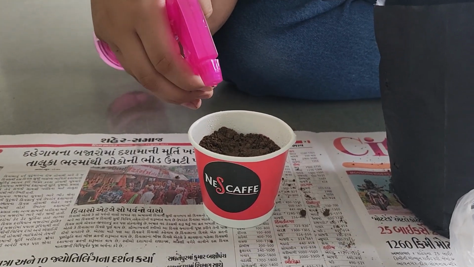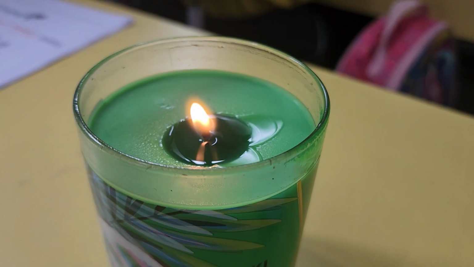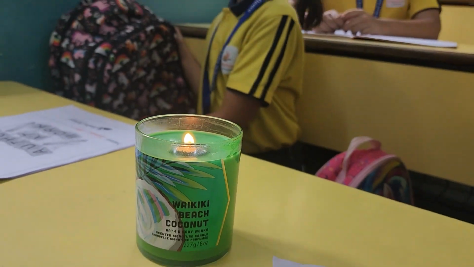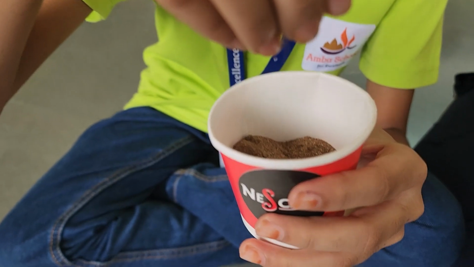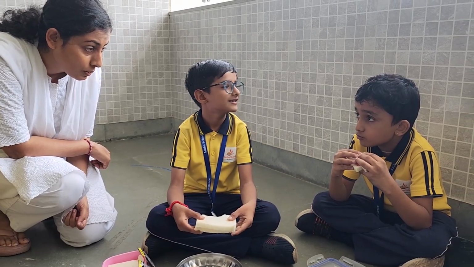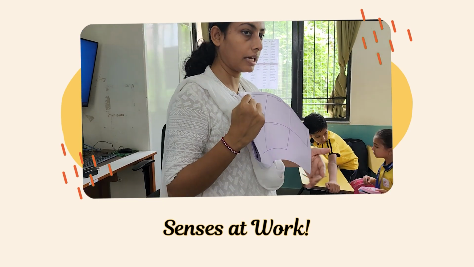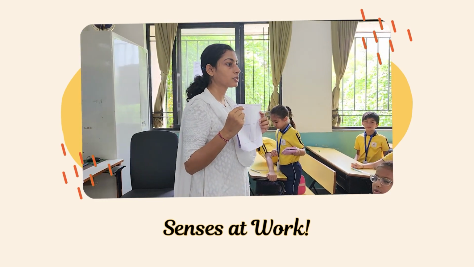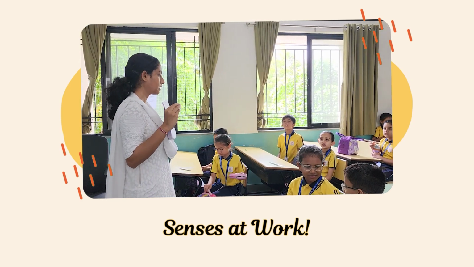So through all these things, through hands-on activities, the students were able to make use of their sensory organs, what they are feeling, what they are able to smell, what they are able to see. It feels spongy, sweet, soft, squishy.